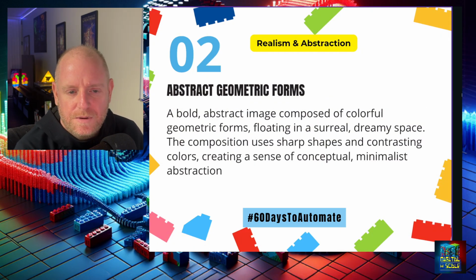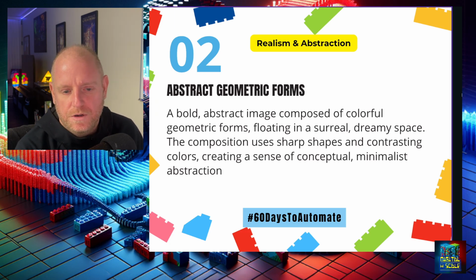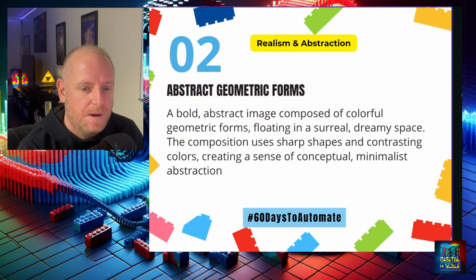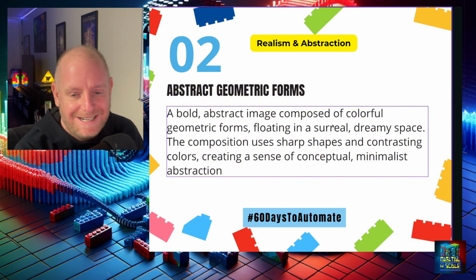So now we're going to do abstract geometric forms. So this is good for creating shapes. So the prompt here is, a bold abstract image composed of colorful geometric forms floating in a surreal, dreamy space. The composition uses sharp shapes and contrasting colors, creating a sense of conceptual minimalist abstraction.